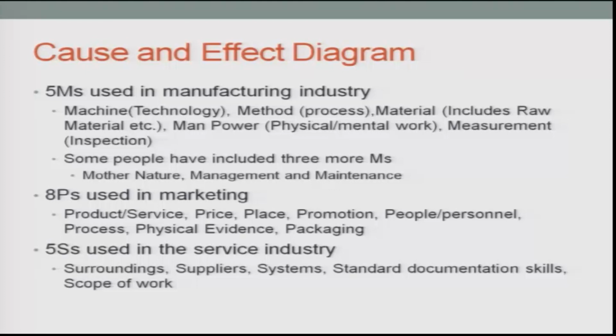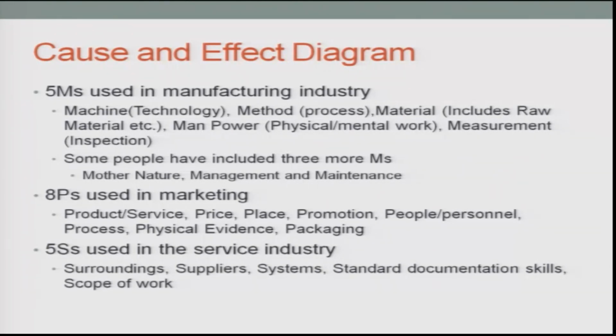Some people have included 3 more M's, which are mother nature, management and maintenance, but the main focus is to reduce the level of variance in quality and also reduce the cost, in such a way that machines, methods, materials and manpower are utilized in the most efficient and optimal manner.